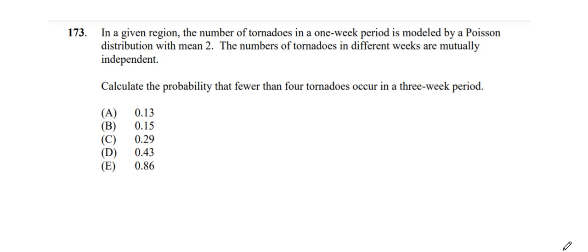Okay. So for this problem, we want to find the probability that fewer than 4 tornadoes occur in a 3-week period. So the condition is the number of tornadoes in 1 week.